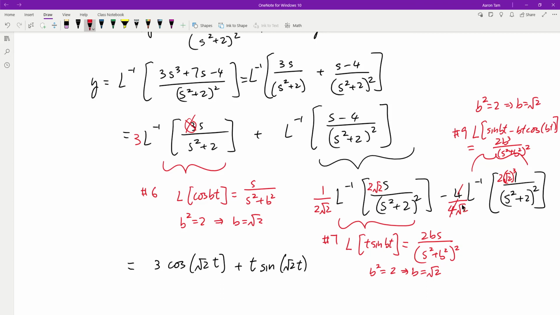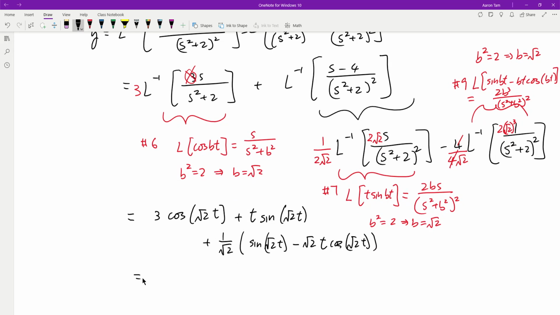So we have a radical 2 on the bottom. So now I can say that's plus 1 over radical 2, and then the inside will be sine radical 2t minus b, which is radical 2t cosine radical 2t. Now I can clean this up. Let me see what I got. I have 3 cosine radical 2t plus t sine radical 2t. Okay, so both of them work out.